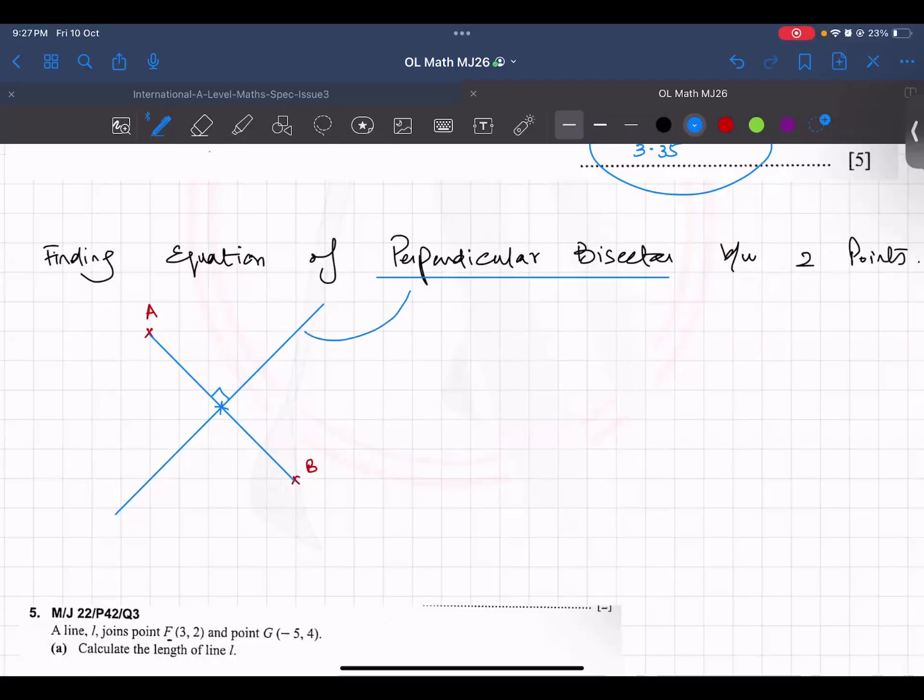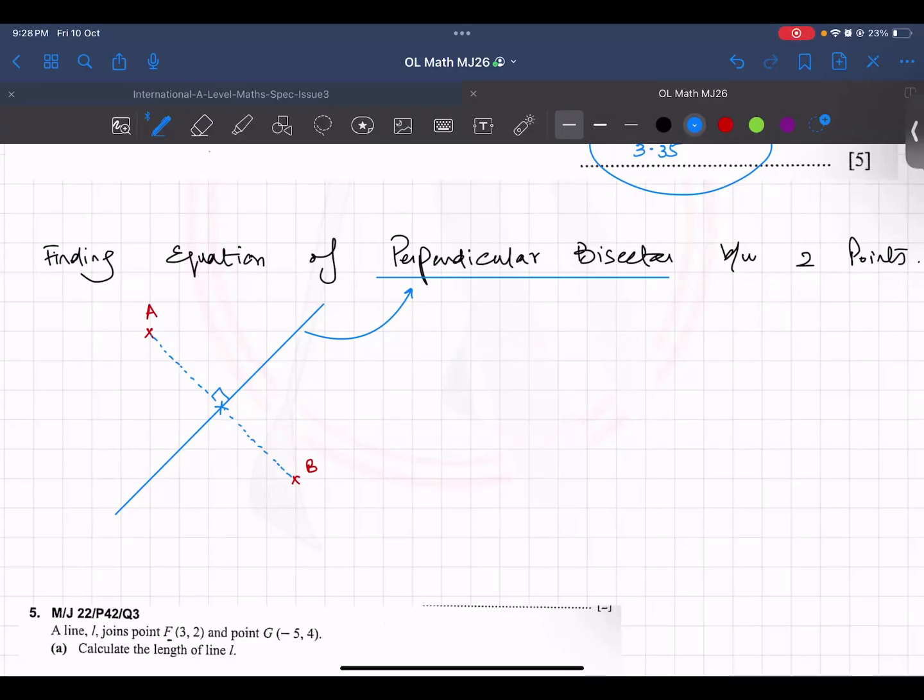This is your perpendicular bisector of AB. So now you know what you are trying to find. They will give you the 2 points and you have to find a line which is passing through the exact middle of the 2 points perpendicularly. So you will find the thing which is in the blue, and the only thing that they will give you are the 2 points.